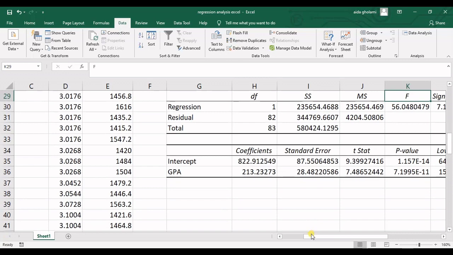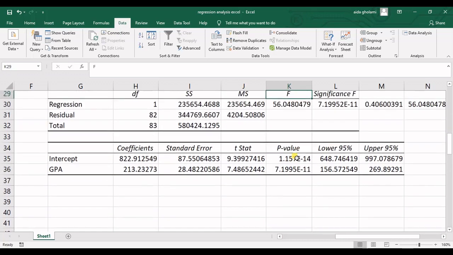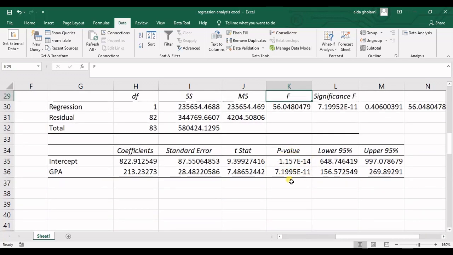Okay, so let's get to the other segments. Here we have standard error, which is obvious, and here we have the t-statistic. So again, we have a statistic, and we have the p-value related to that statistic. So here also you can see that our p-values are too low, so we can see there is a significant relationship between GPA and SAT.